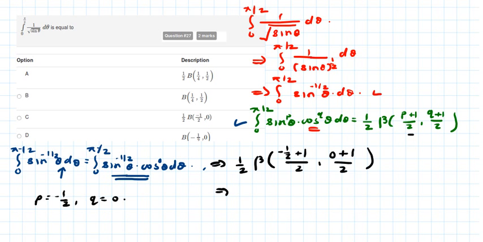So which is equal to 1 by 2 beta of minus 1 by 2 plus 1, that is 1 by 2, divided by 2, that will be 1 by 4, and this will be 1 by 2. So this should be our answer, and the answer A is the right answer.